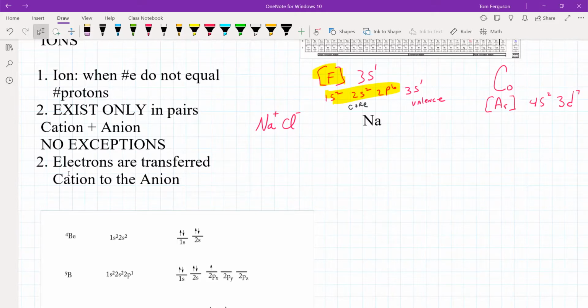So the cation loses electrons, the anion gains electrons. Whenever you donate an electron, you have to have a recipient. If you donate 3 electrons, the recipient receives 3 electrons. If you donate 3 electrons, it becomes a positive 3. If you receive 3 electrons, it becomes a negative 3.